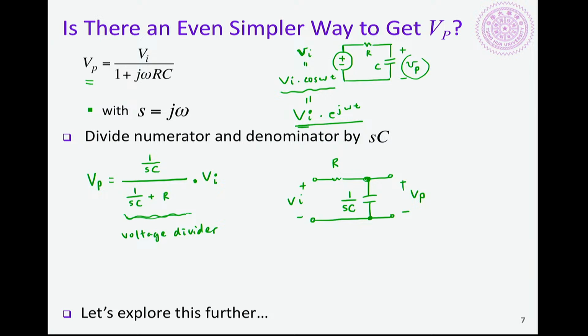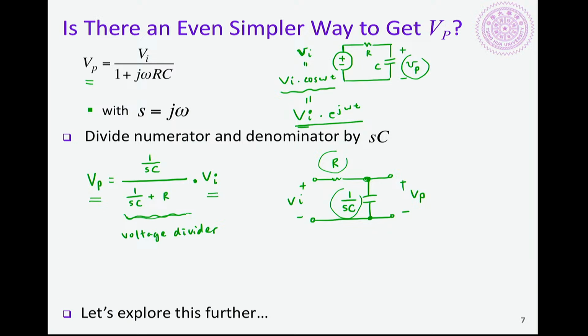And then in this case, for example, if we have R in series with C and then in series with a voltage source VI, the complex amplitude of VI is divided between the resistor R and the capacitor C, which leads to a voltage division.